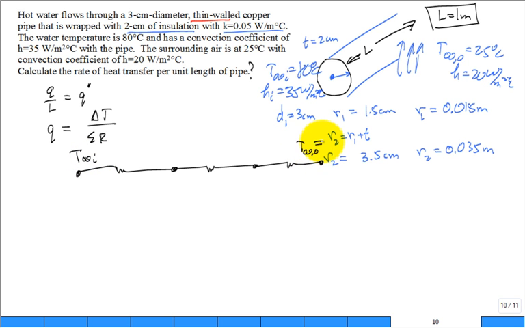This one is 25 degrees C, and this one is 80 degrees C. Do I really have two other nodes? What do they represent? Temperature 1 and temperature 2, which are the surface temperature of the inside of the insulation and the outside of the insulation, T1 and T2.